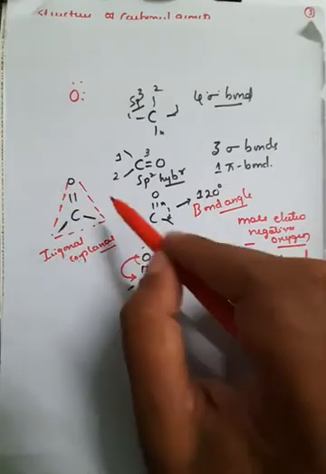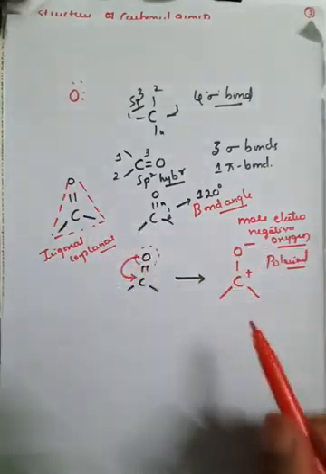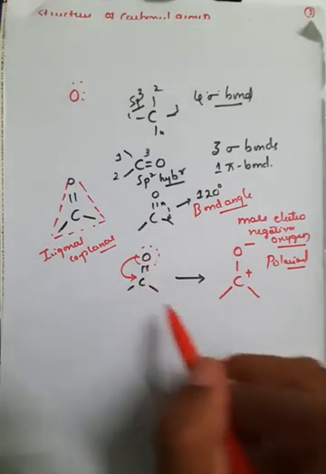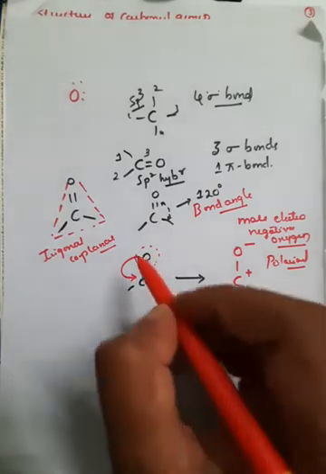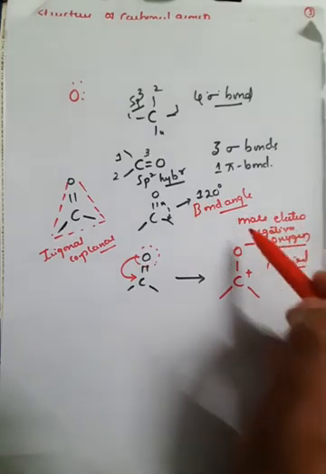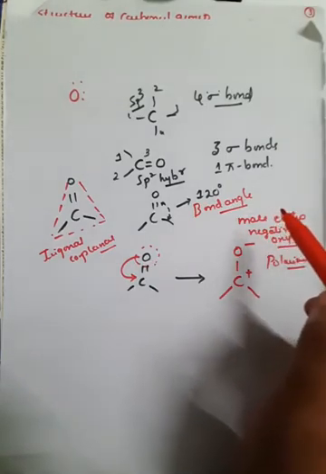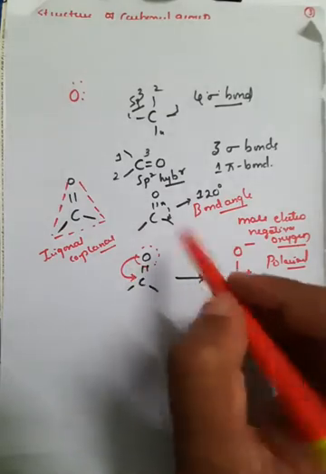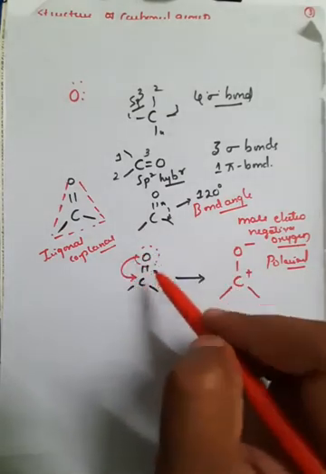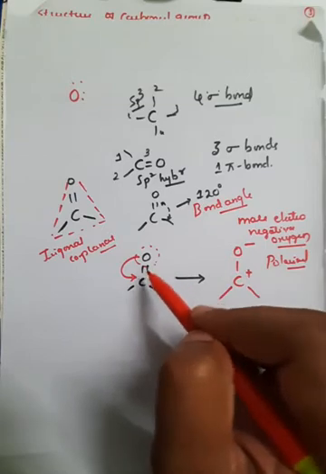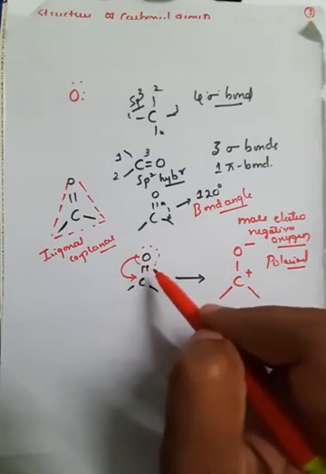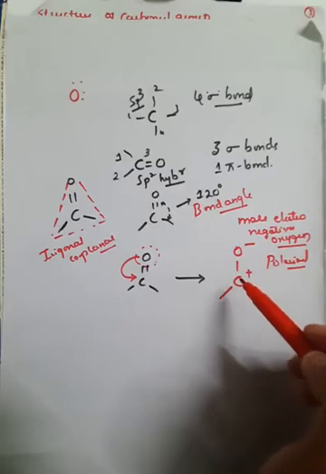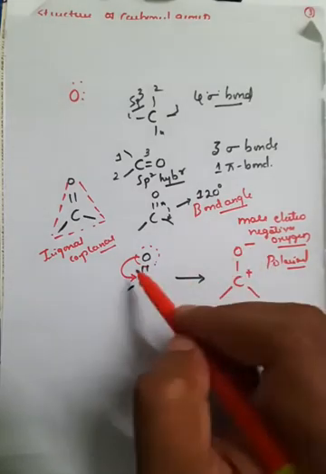Here the carbon is double bonded with oxygen and further single bonded with both the alkyl or aryl groups. Since oxygen is more electronegative, it has the capacity to withdraw the electrons from the carbon atom. Whenever it withdraws the electrons, this double bond breaks. Therefore, the oxygen will get a negative charge and carbon will get a positive charge. Therefore, it can be polarized.